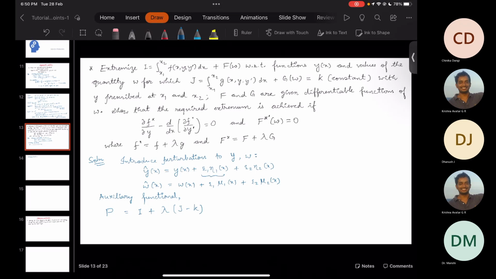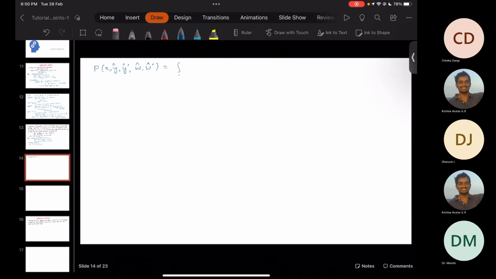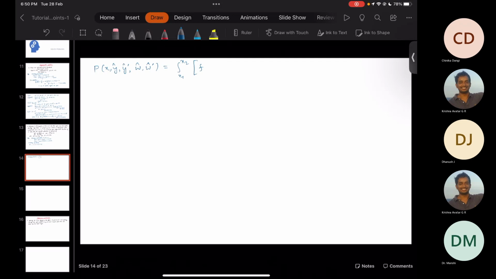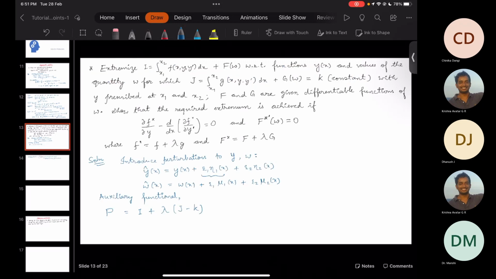So this gives us the integral from x1 to x2 of the term f as a function of x, y plus epsilon 1 eta 1 plus epsilon 2 eta 2, and y prime plus epsilon 1 eta 1 prime plus epsilon 2 eta 2 prime, and this plus lambda of g as a function of x, y plus epsilon 1 eta 1 plus epsilon 2 eta 2, comma y prime plus epsilon 1 eta 1 prime plus epsilon 2 eta 2 prime, isn't it?